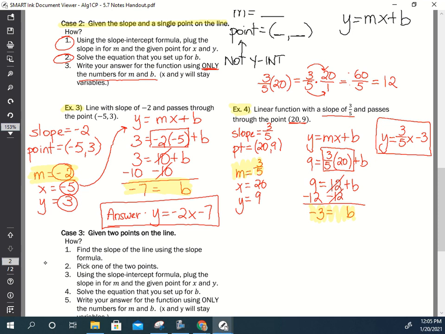So for registration for your new classes, all of your teachers, your English, math, social studies, and science, have recommended which class you go into, basically what level you go into. So for me, I had to determine whether you stay in CP, whether you go to double block, whether you go to AC, or if I feel that you can handle the honors level for you to make that jump.